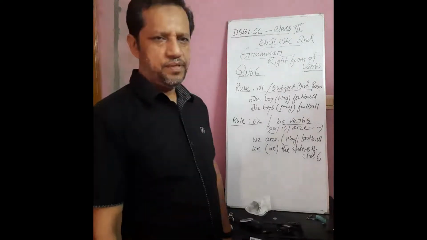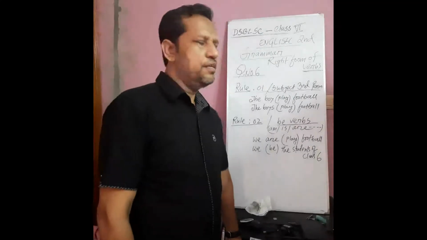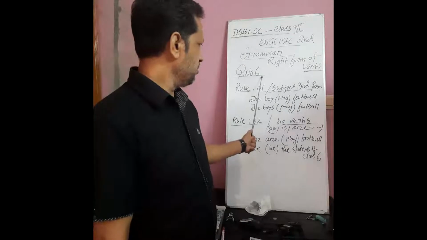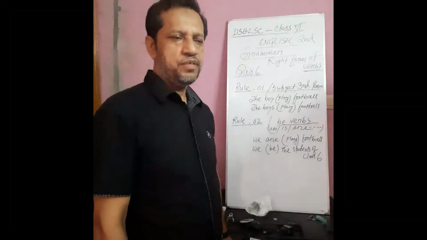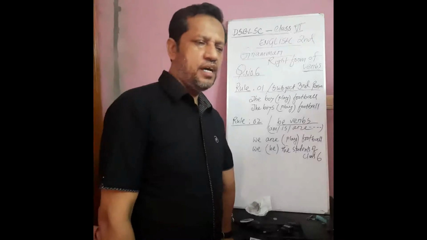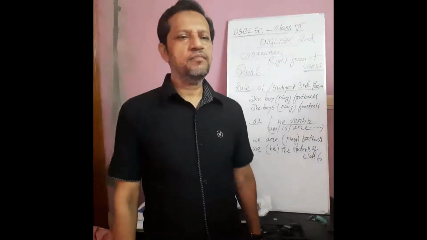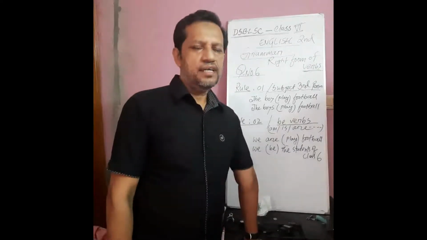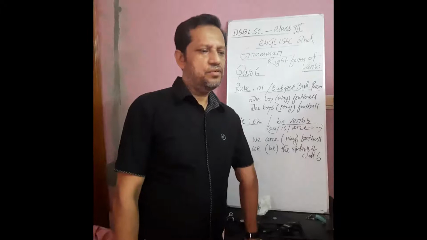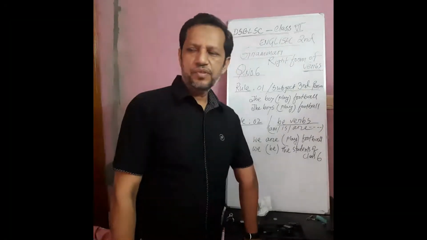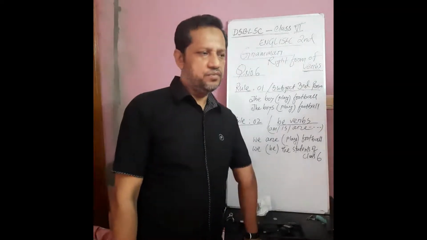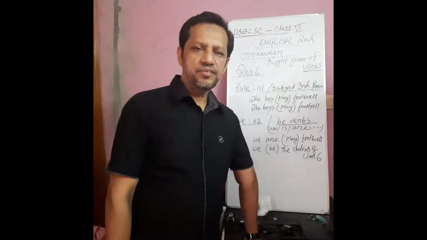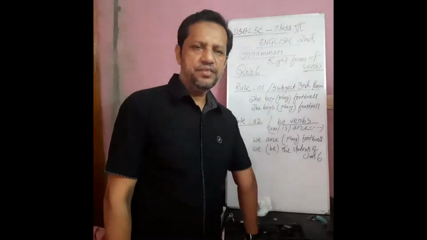In your English second paper, you will get question number 6. You will see right form of verbs. Here you will be given a passage, and in the passage there will be some verbs within the first bracket. You have to write the correct form of verbs using the rules of tense and also sentence, my dear students.